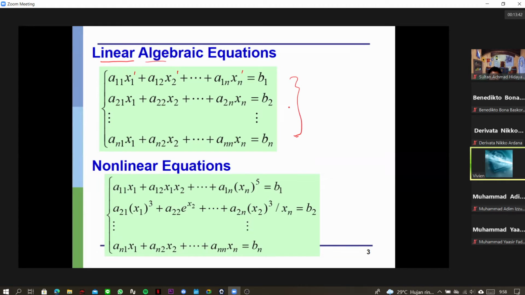We can also have a set of algebraic equations in which the equations are not linear, for example equations of power 5 or 3, and so on. This is called non-linear equations. But now we will focus only on sets of linear algebraic equations.